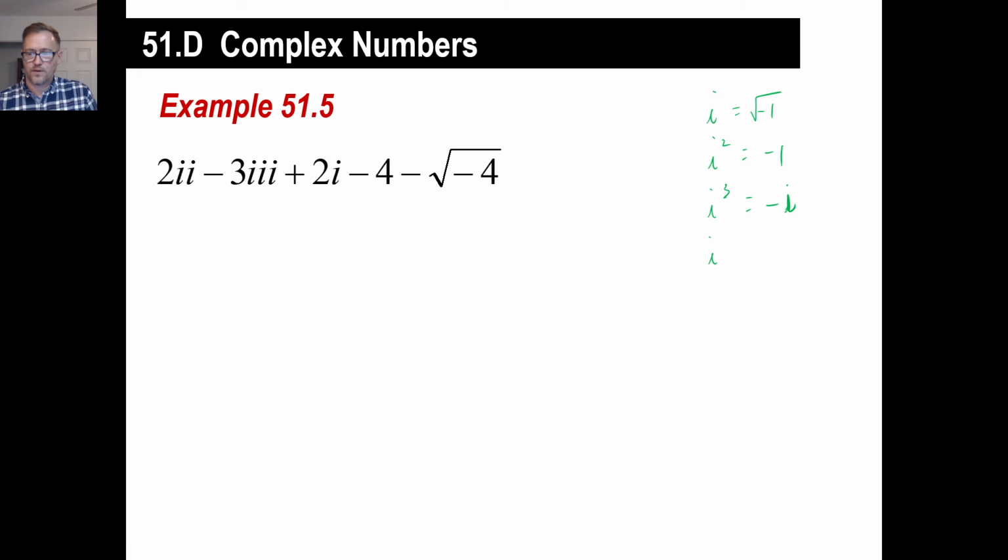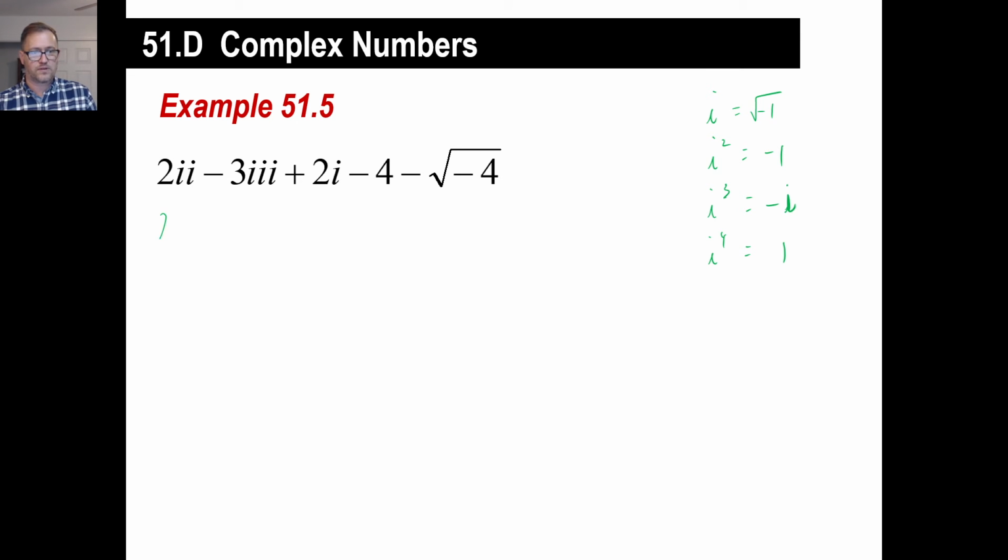And then i to the fourth is positive 1, just by definition. So you can use that to simplify this, because in all these complex number simplification problems, you just want a real number and an imaginary number, and that's it. No i to the thirds and i to the seconds and any of that jazz at all, just i's, that's all you want. So let's take a look at this.